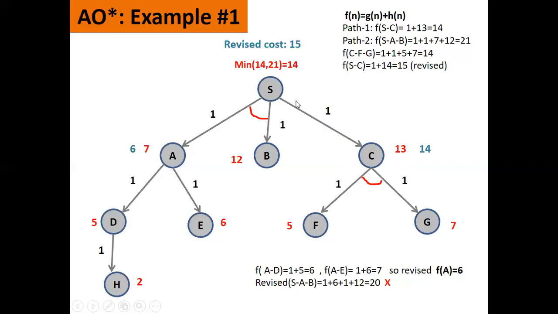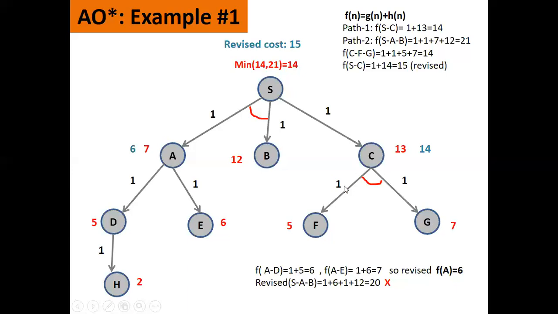Now, when you come to this path S to C, C again has an AND arc. So there's only one solution path from C, that is C, F and G. C, F, G is a single path. So how do I calculate the cost estimation of C?